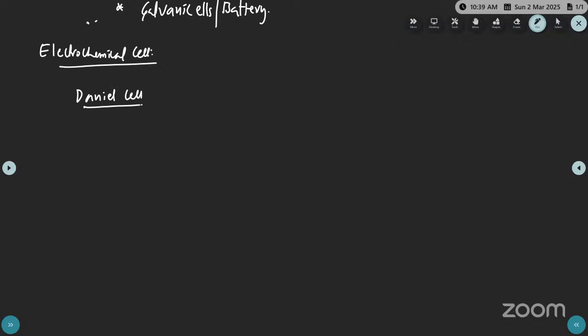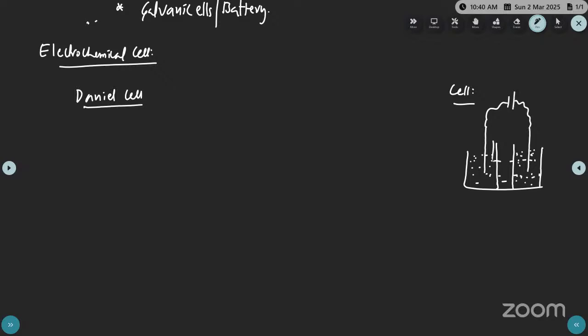Every cell consists of two electrodes. One is the anode and another one is the cathode. These two electrodes are dipped in an electrolytic solution like this. This is one electrode and this is the second electrode. They are externally connected through a battery, and internally they are connected by a salt bridge.